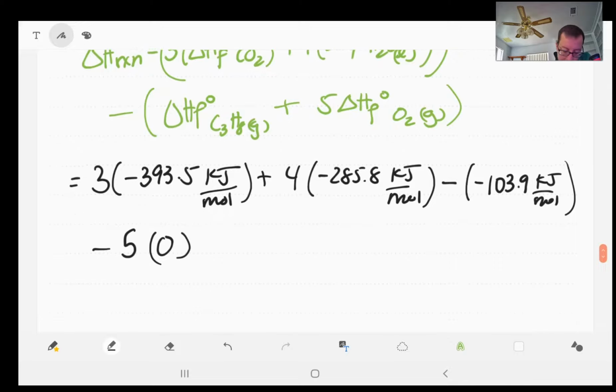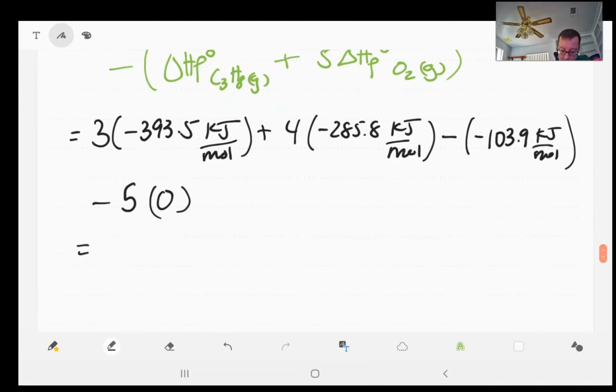And so, doing this, 3 times negative 393.5 plus 4 times negative 285.8 plus 103.9. We do all this, we get negative 2219.8 kilojoules per mole.